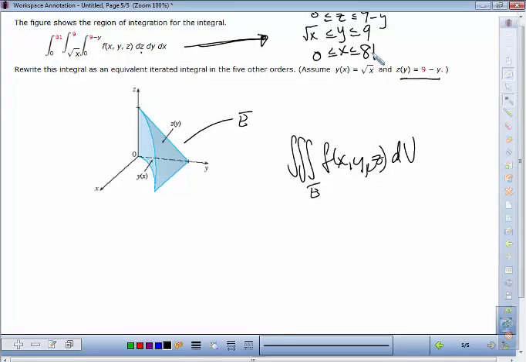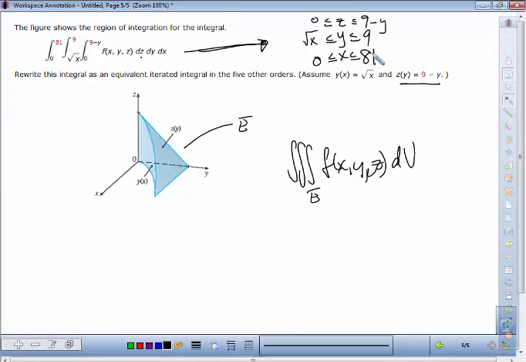So now let's change the order of integration. The easiest thing to do probably is change the x and y for now. There are 6 possibilities in all. Is there 6 or 8?